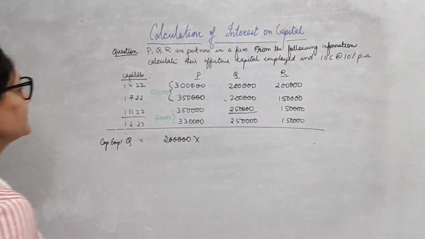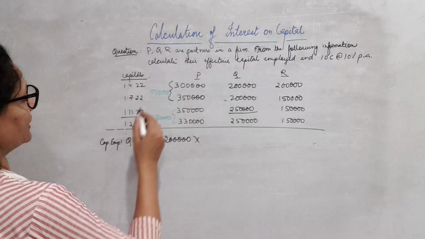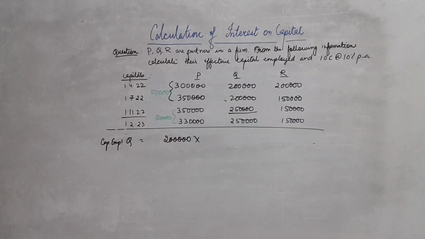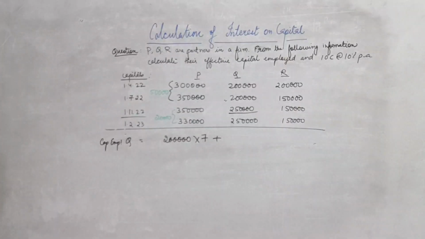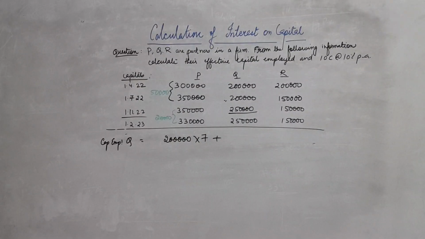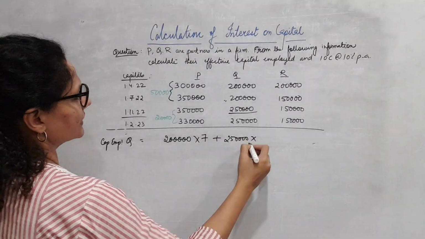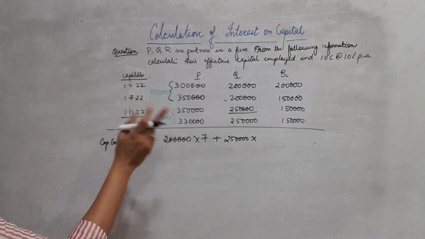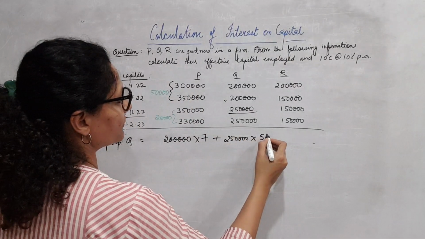So it stayed the same from 1st of April to 1st of November. Count how many months? April to October is 7 months. Plus, this changes to 2,50,000 and remains like that from November till 31st March. November, December, Jan, Feb, March, 5 months.